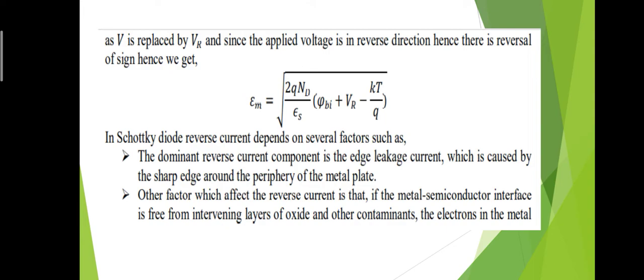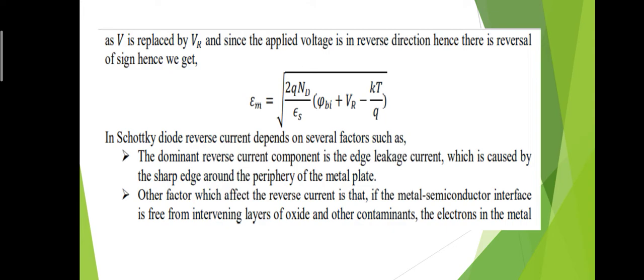In a Schottky diode, reverse current depends on several factors. First, the dominant reverse current component is edge leakage current. We already discussed that there are generally 5 current transport phenomena.